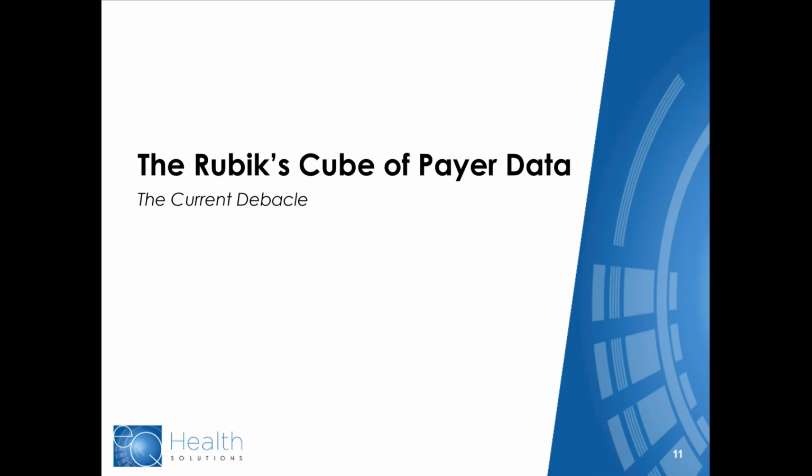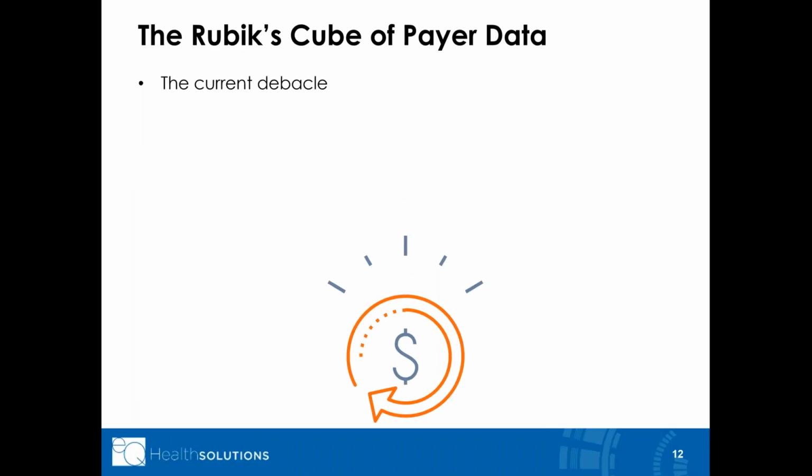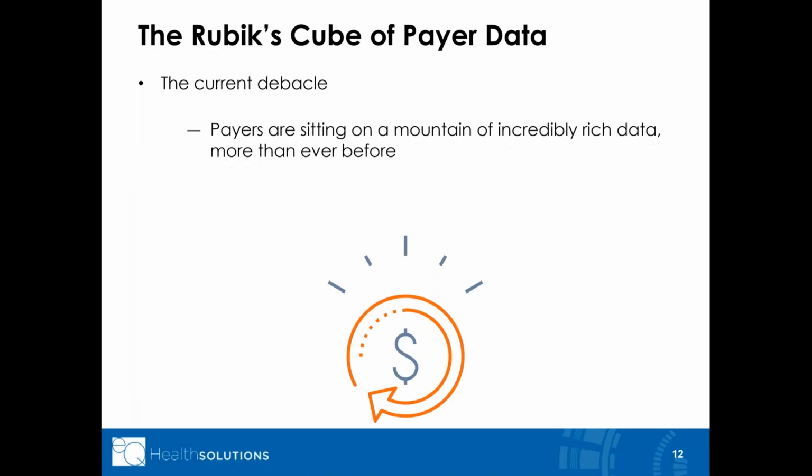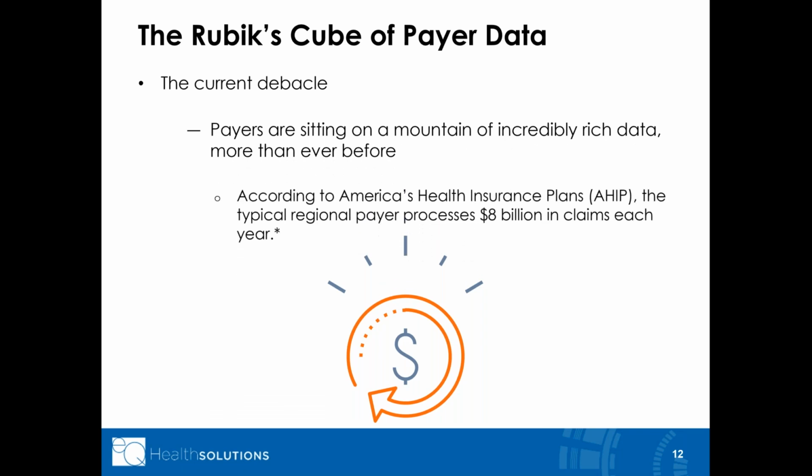How do you view this from the current situation in your operations? Payers are sitting on a lot of data, from eligibility data to claims data to analysis data, UR data, and care management data, and a lot of that adds up to big data concepts.